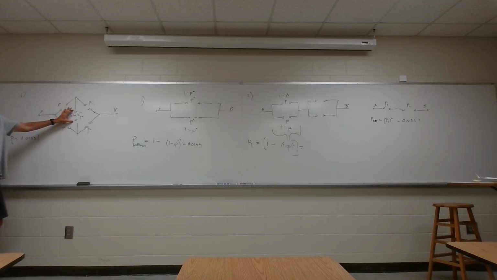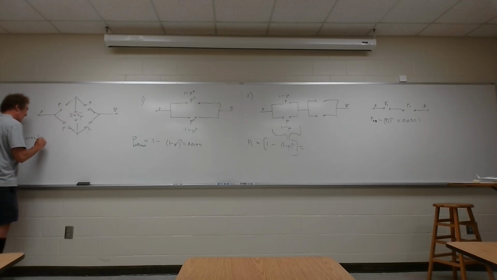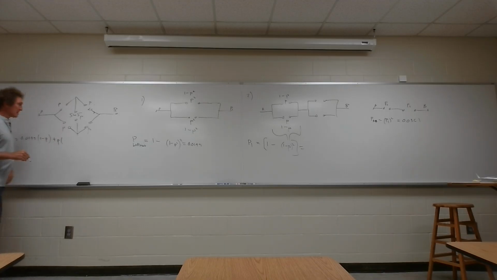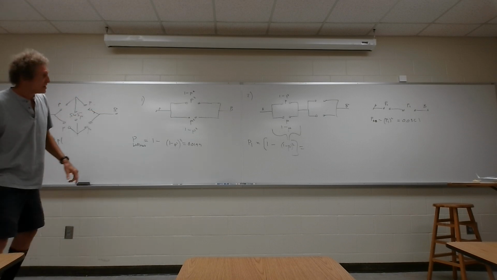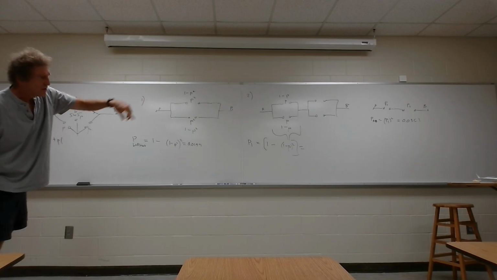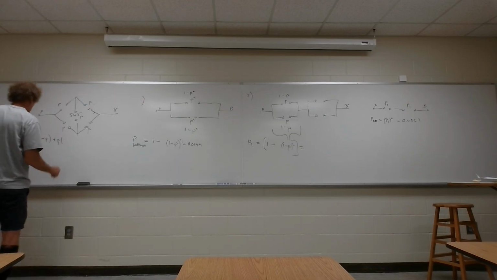Because this is the not working value, so it's going to be 1 minus P, and I'm going to leave this P here, and it's going to be plus the probability of working, which is P, times the probability of the switch being closed, which would be the second part right there, and what was that, 0.0361, right? Mhm.